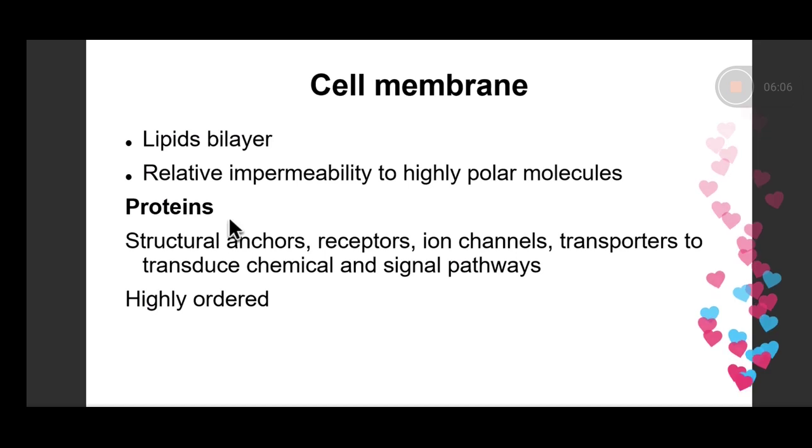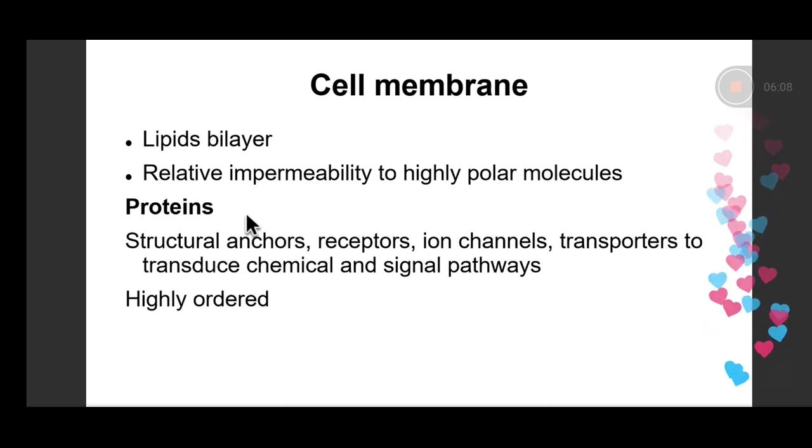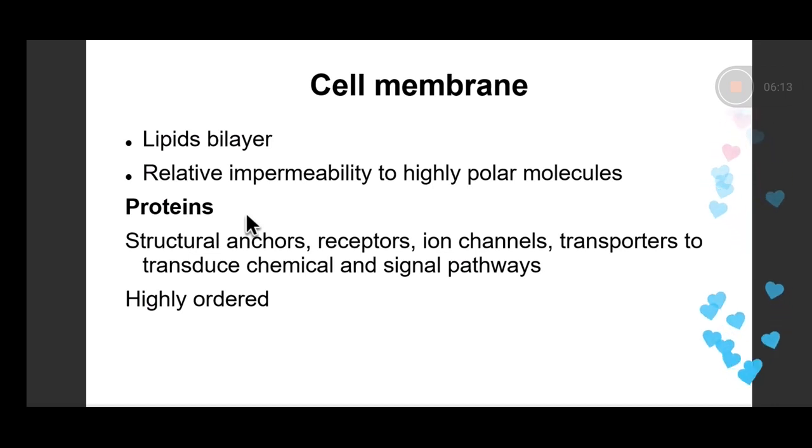In the lipid bilayer, we have proteins which are embedded, and these proteins act as structural anchors, they act as receptors, they make ion channels, transporters for endogenous and exogenous substances, and they transduce chemical and signal pathways.